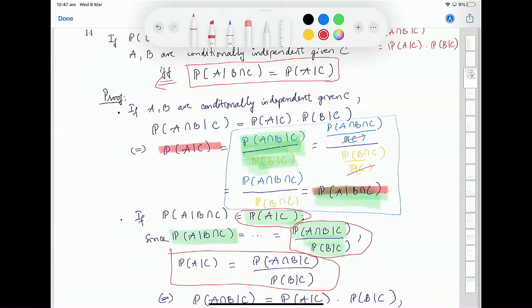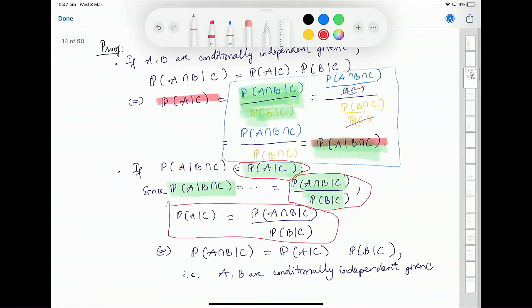So now look at this equality in the red box. You can see that you have what you want. You just multiply both sides by probability of B given C. So you have probability of A intersect B given C equal to probability of A given C times probability of B given C, which means that A and B are conditionally independent given C.